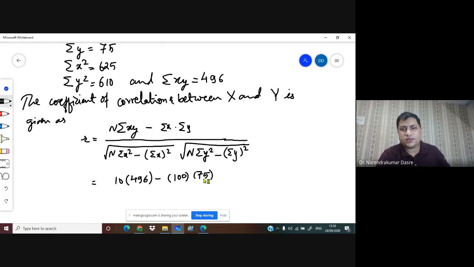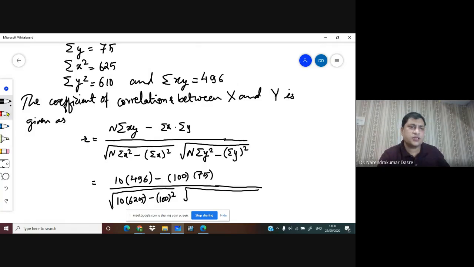Summation y is 75, and then we have square root of 10 times summation x square 625 minus 100 square. Then here we have again square root. Sorry, this n is going to be 20. We have to be careful. So n is going to be 20 here.